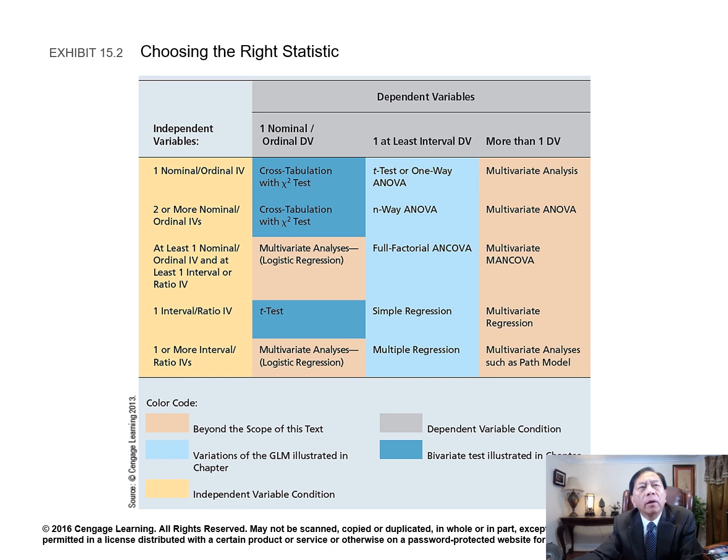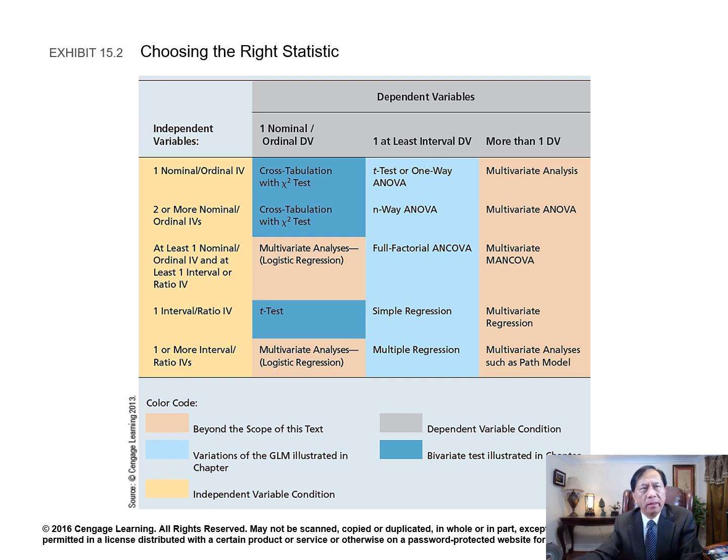If you have just one nominal dependent variable, you can use logistic regression. If you have one at least interval dependent variable, you can do full factorial ANCOVA. If you have more than one dependent variable, you can do MANCOVA.